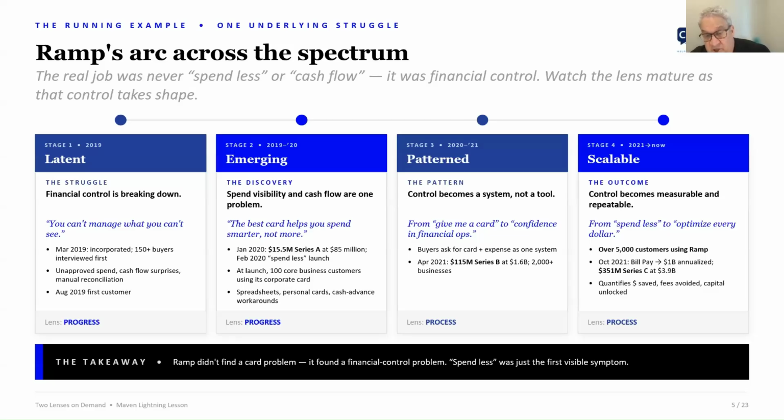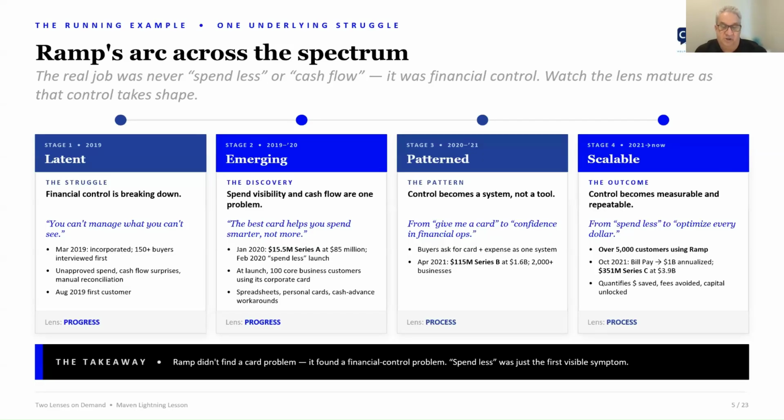That was when they were initially doing these 150 plus buyer interviews, where they started to see these themes, this concern of what you can't manage, you can't see, of the financial controls breaking down, of people on financial teams struggling to manage and approve expenses, getting cash flow surprises, difficult manual reconciliation processes, and so forth.